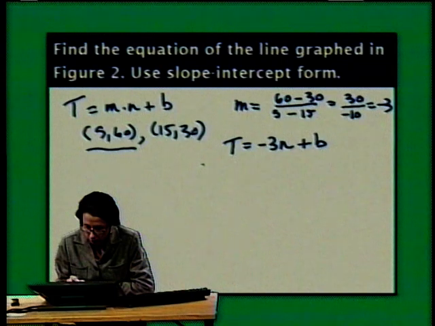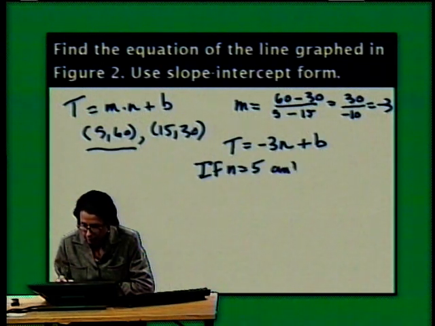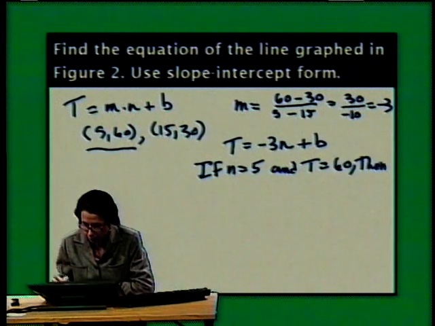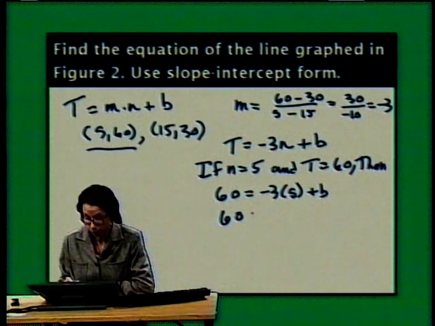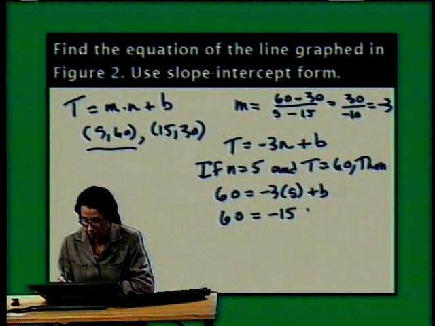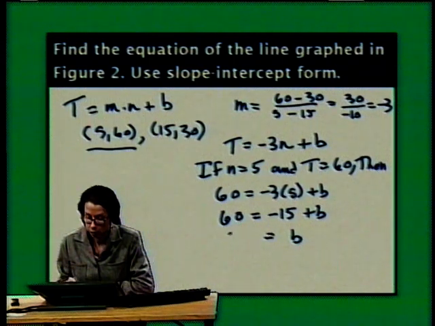So if n equals 5 and t equals 60, then we have 60 equals negative 3 times 5 plus b. So 60 equals negative 15 plus b, so b equals 75.